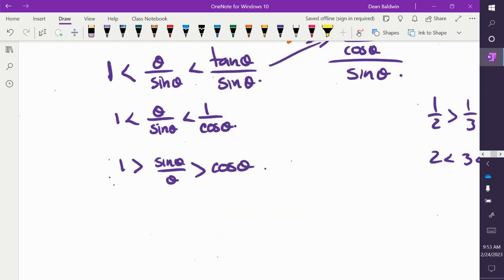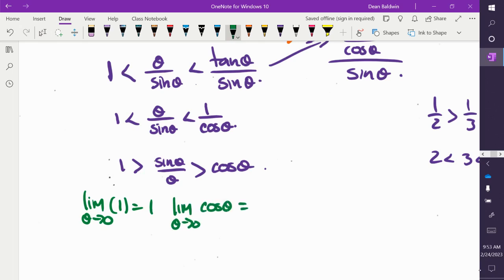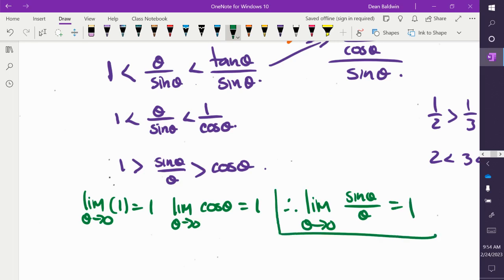The limit as theta goes to 0 of 1 is equal to 1. The limit as theta goes to 0 of cos theta, what's cos of 0? 1. Therefore, the limit as theta goes to 0 of sine theta over theta has to equal 1.